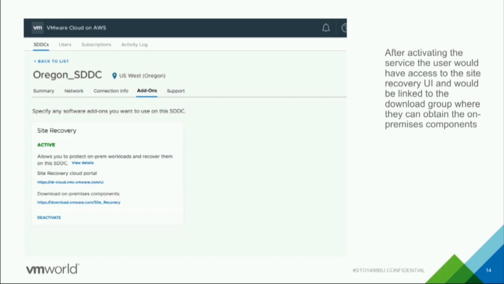And then here, you can see once I've done that, I have a couple of links. The first one is to open the SRM UI directly, to get very quick access to that. I'll also be able to get to that via the vSphere UI that's available within VMware Cloud on AWS. And then I also have a link to download the on-premises components and deploy them into the environment.